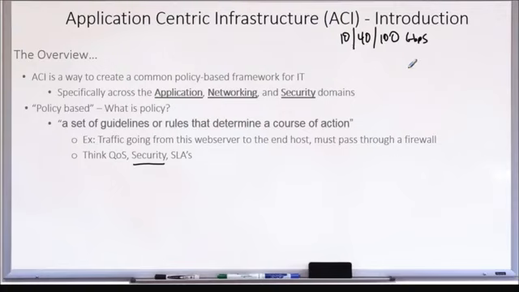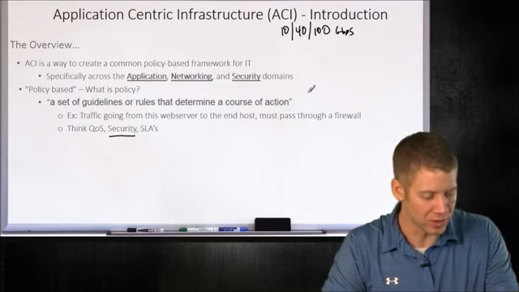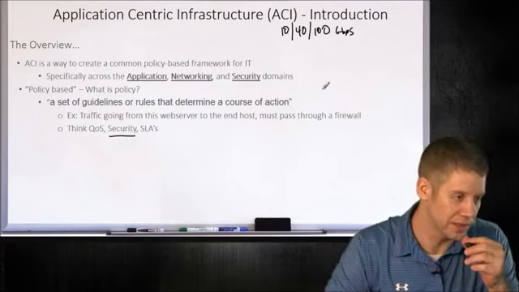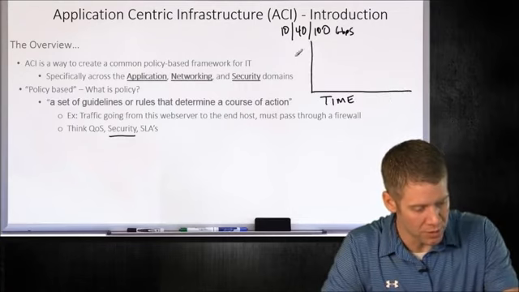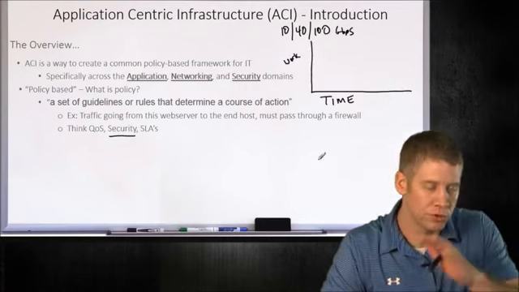And I tell a lot of people, because a lot of people come into ACI and they're very quickly overwhelmed with the amount of configuration that you have to do at the front end. Whereas with a traditional network, this line is our work over time, and it's kind of going to go up over time. Well, with ACI, we're going to start off pretty big in the amount of work that we need to do.